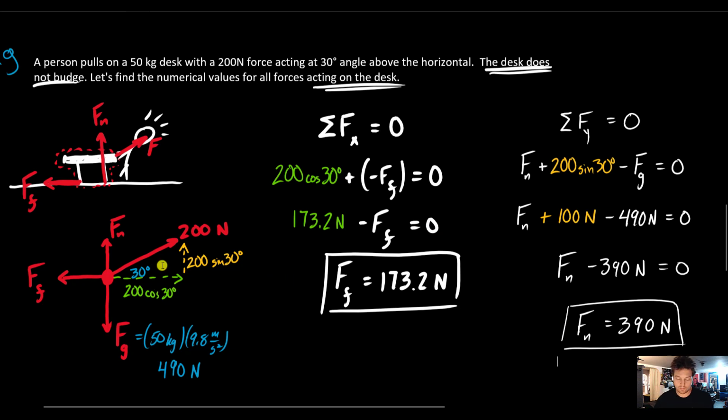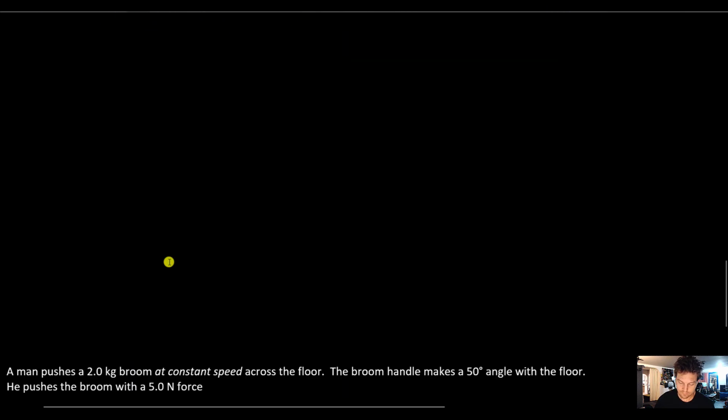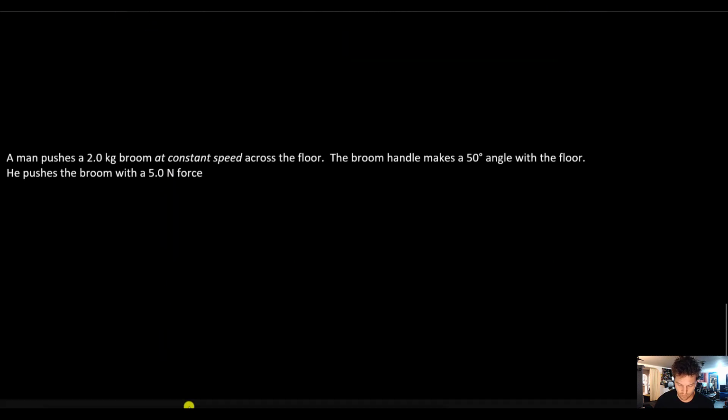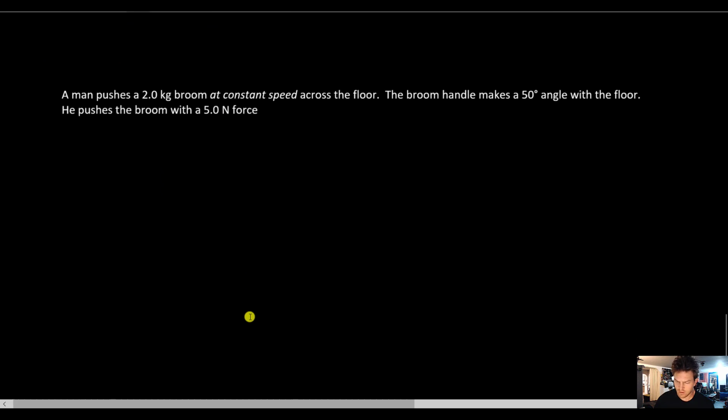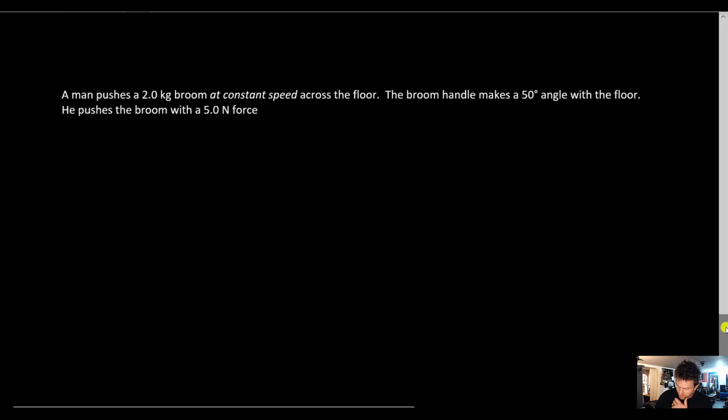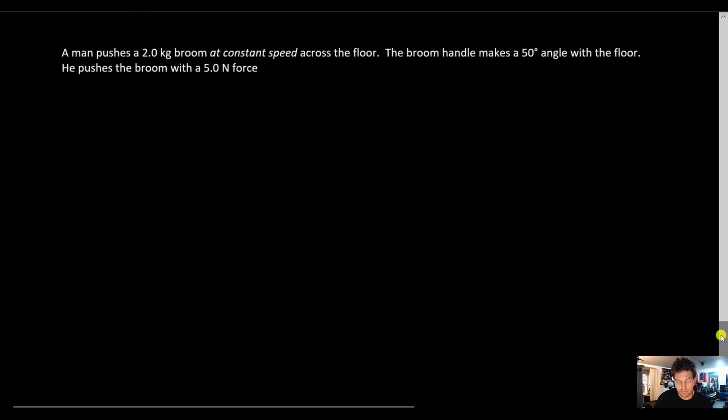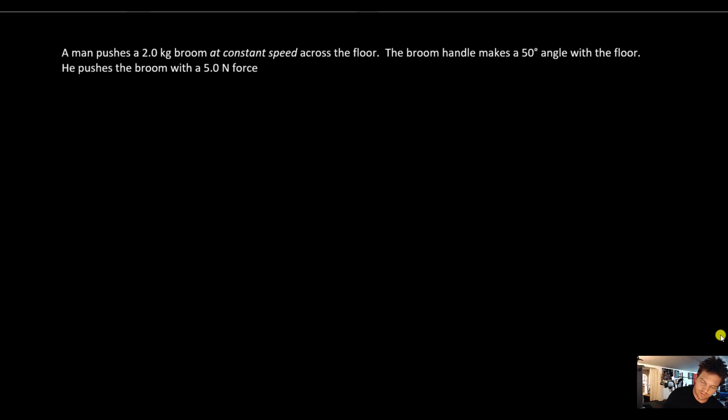Let's do one more. One more. Here it goes. A man pushes a 2-kilogram broom at a constant speed across the floor. The broom handle makes a 50-degree angle with the floor. So let's try this out. Let's draw it. All right.